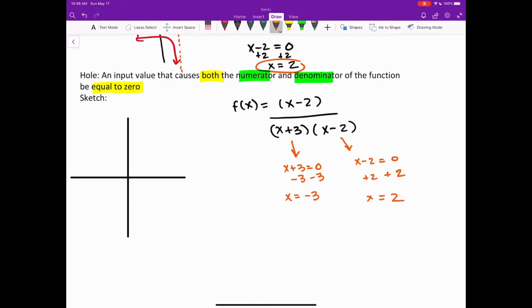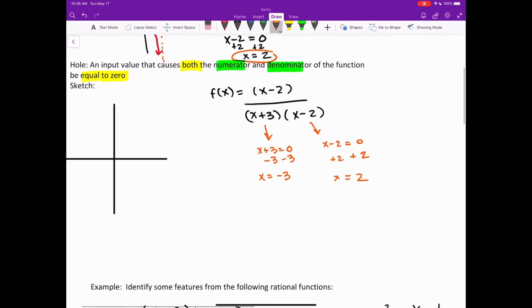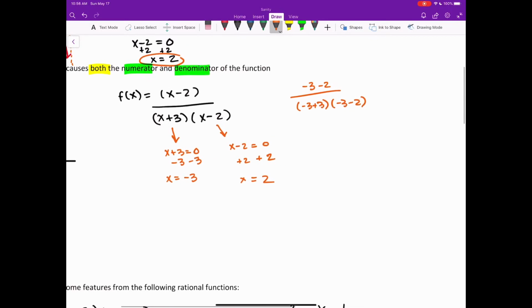If I plug in x equals negative 3 into my function, I'm going to get on the top negative 3 minus 2 divided by (negative 3 plus 3) times (negative 3 minus 2). So the top is equal to negative 5, and the bottom is equal to 0 times negative 5. So here, only the denominator is equal to 0.